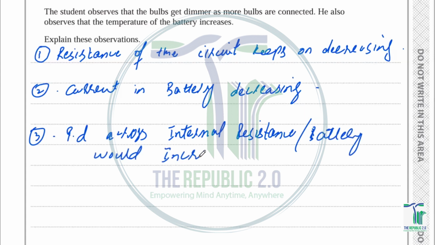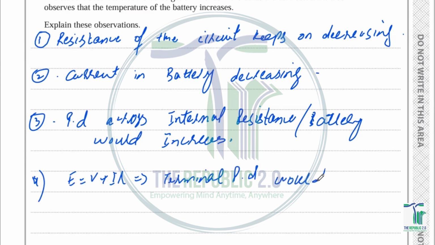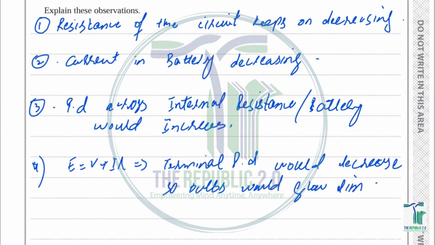And as the potential difference across the internal resistance increases, the terminal potential difference of the battery is going to decrease, by just using E equals V plus Ir. By using this formula, we can eventually say that the terminal potential difference would decrease. And as the terminal potential difference decreases, the bulbs would glow dim, right?